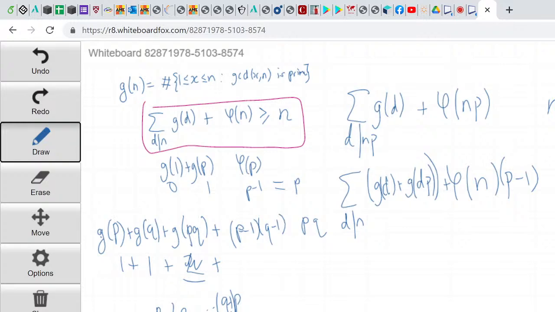Is g multiplicative? Doesn't seem like it. G of p is just 1, and g of q is 1, but then when you multiply it, it's like qp plus q. It's 1 minus 2.